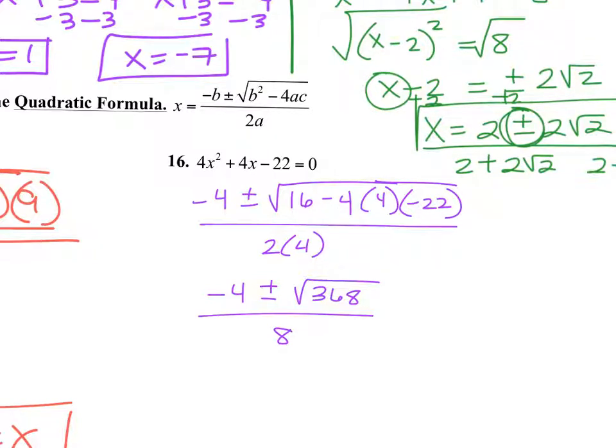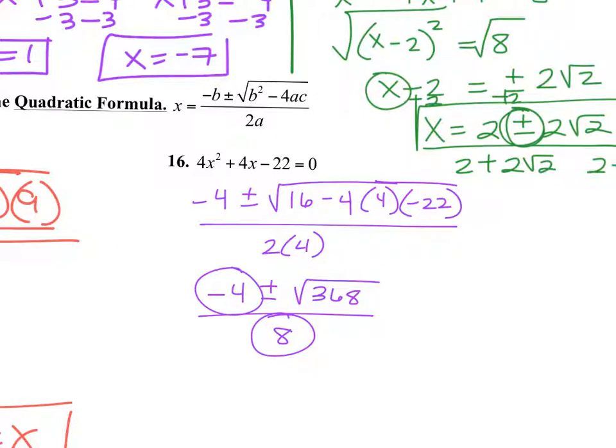So you are looking for a perfect square to come out of 368. If you look at the other numbers you have, you have a 4 and you have an 8. Usually those numbers are going to be reducible somehow. So if we can make it a 4 or an 8 or a factor of those, that's a good thing.